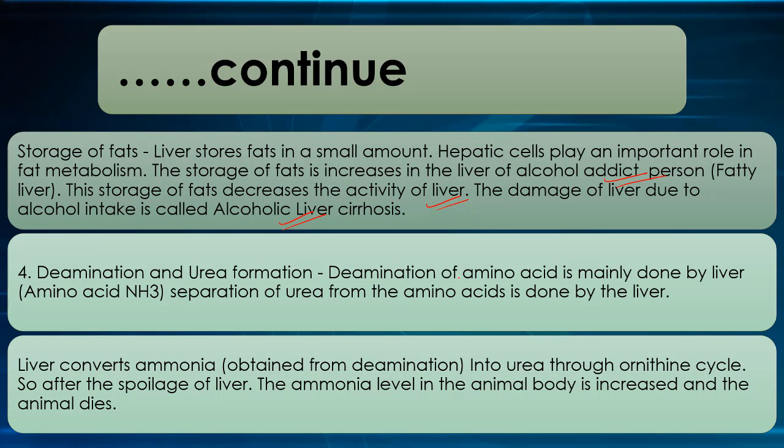Deamination and urea formation. Deamination of amino acids is mainly done by the liver. Separation of ammonia from amino acids and formation of urea are done by the liver. The liver converts ammonia into urea through the ornithine cycle, the Krebs-Henseleit cycle. After spoilage of the liver, the ammonia level in the blood increases and the animal dies.